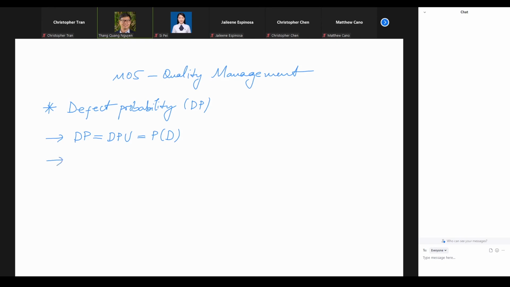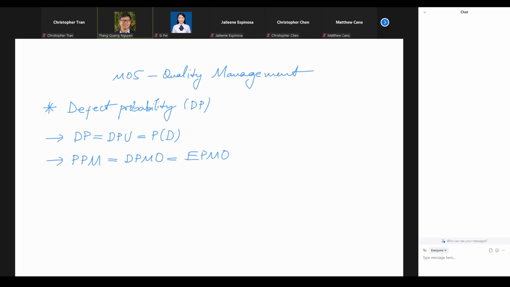And when we talk about these in the context of 1 million units, there are also different ways to call it. Last time we talked about that as ppm, parts per million, which is the same thing as DPMO, or sometimes we call that EPMO. Especially in services, we talk about hotel errors, restaurant errors, service errors, shipment errors, right?